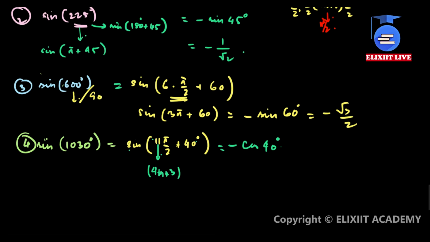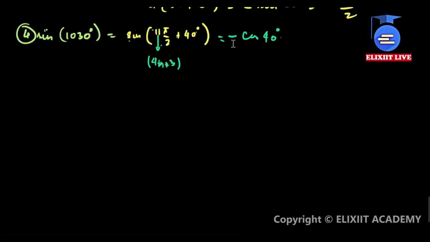Let's say you tell me what is the value of tan 19 pi by 3, suppose. Tell me what is tan 19 pi by 3. Think of change with respect to the x-axis. There is no change. Think in this manner.